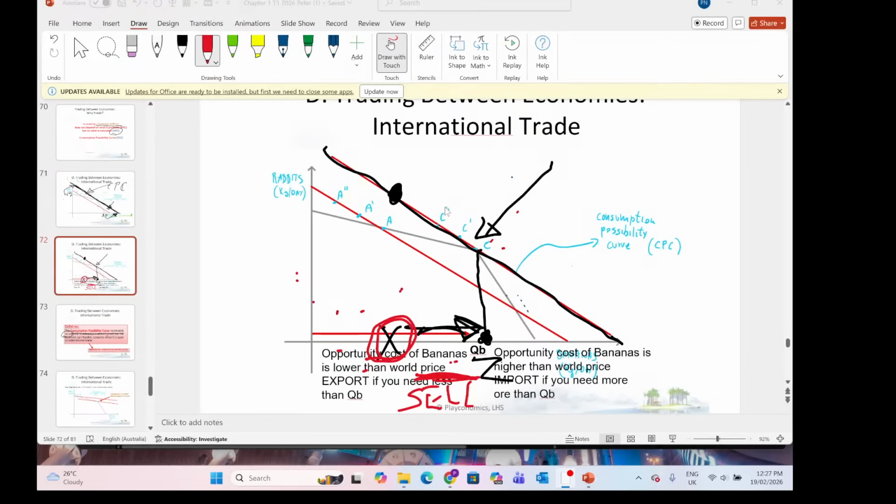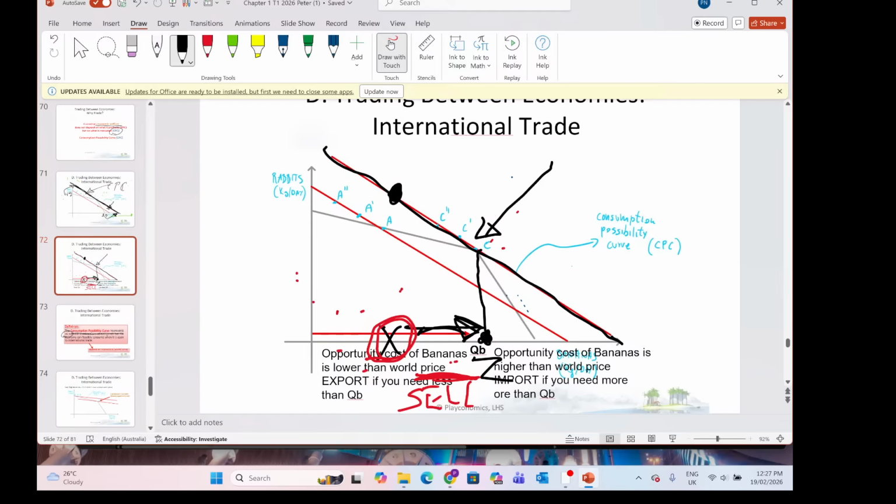Now, I'll transition back to the diagram. So it is possible for this country to consume at any point along this line.